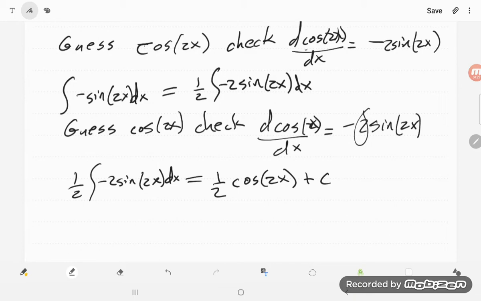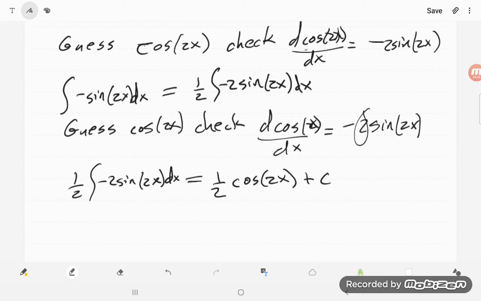And so, I can kind of guess and check things, but at some point it gets hard to just guess and check. I do a lot of guess and check because I've done a lot of derivatives over the years, and so I know my derivatives and thus my antiderivatives pretty well.